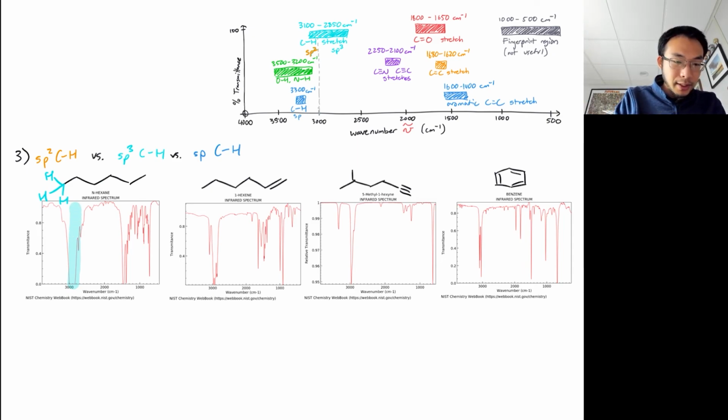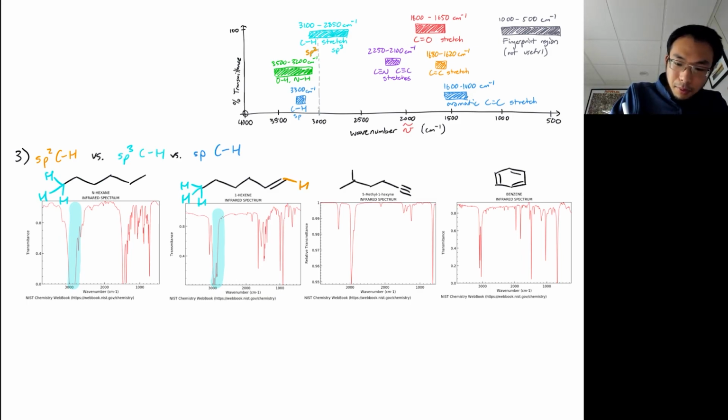We can look at the same thing for 1-hexene here. So here again we have these sp3 CHs. Those stretches are again showing up less than 3000, kind of like this. But then we also have some of these sp2 carbons.